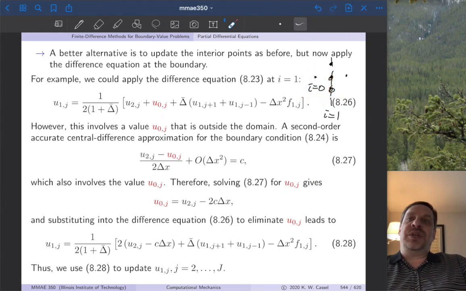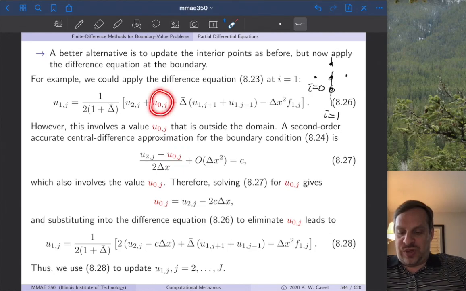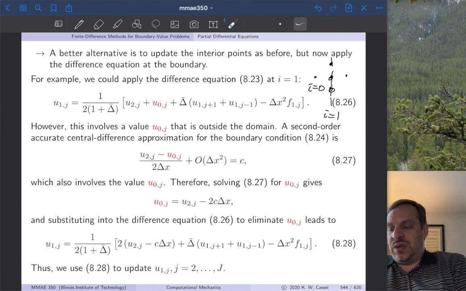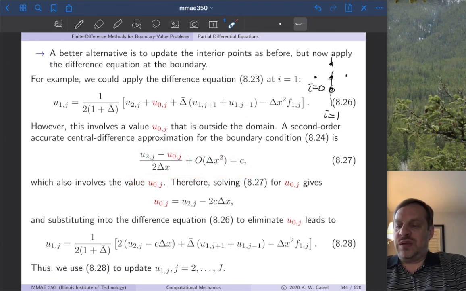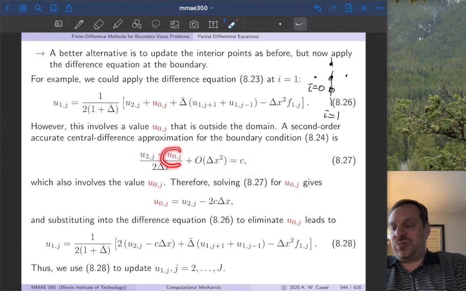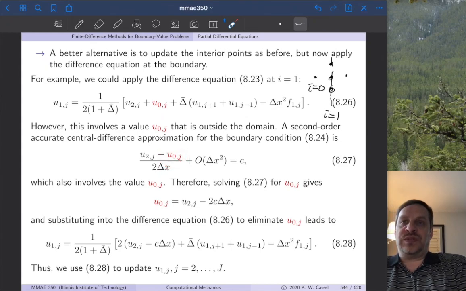So we need to eliminate that point, and we'll do it exactly the same way we did in the 1D case. We've applied the finite difference equation at the boundary, which gives us this point outside the domain. Then we take the boundary condition and use second-order accurate central differences to approximate its derivatives, which you have here on the left-hand side. That also involves the point outside the domain, because we used a second-order accurate central difference at the boundary.